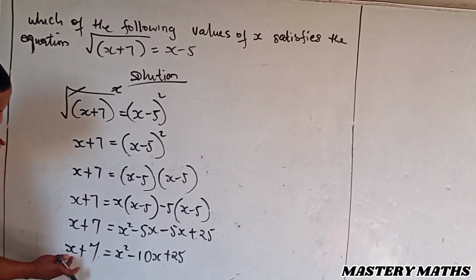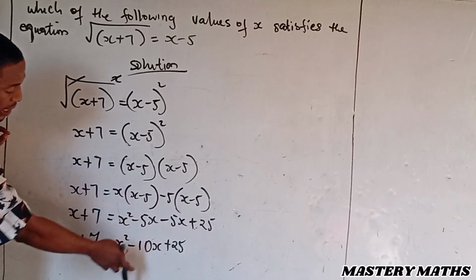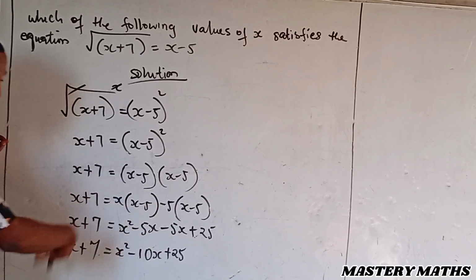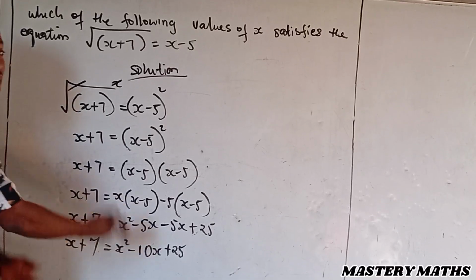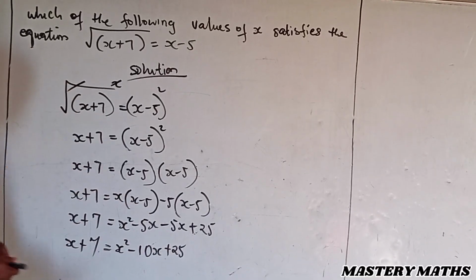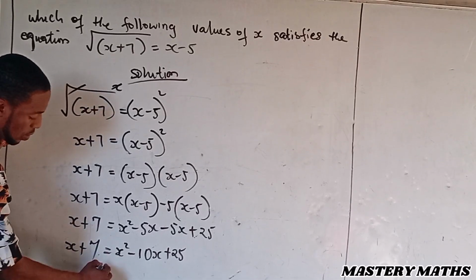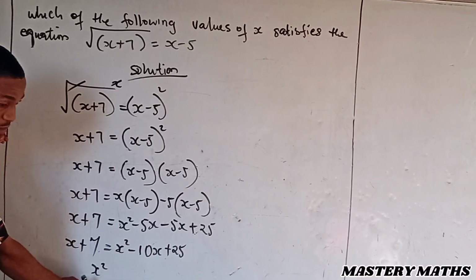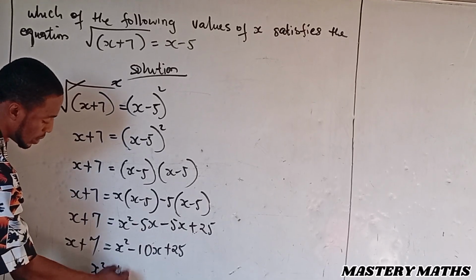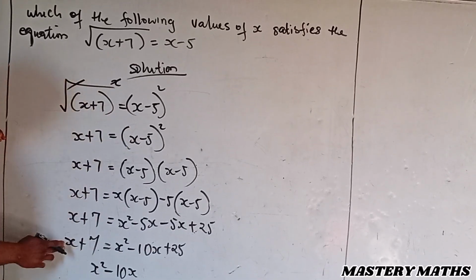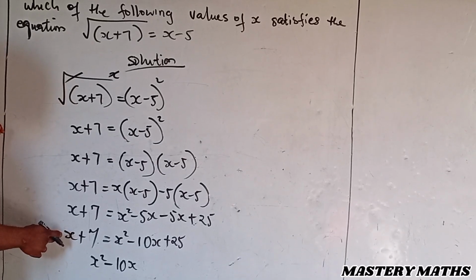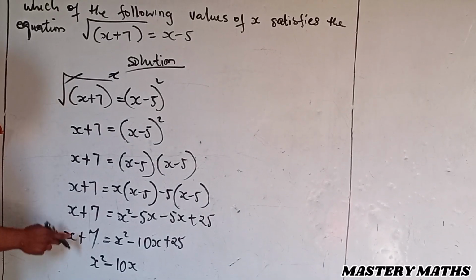Now what we do here is to collect like terms. How do we collect the like terms? Here you bring our x squared down, then minus 10x. Now there's a positive x here, an invisible plus.